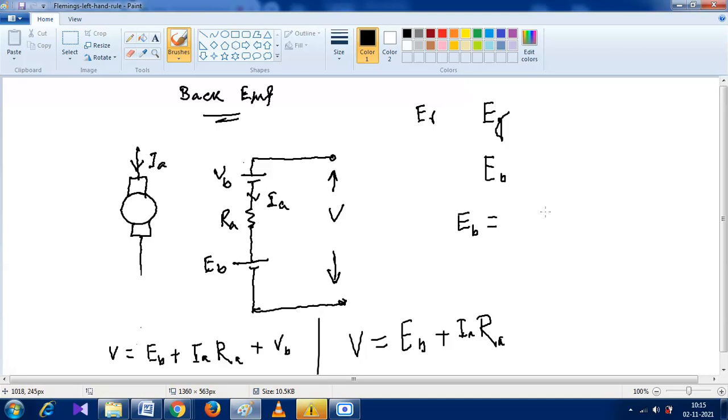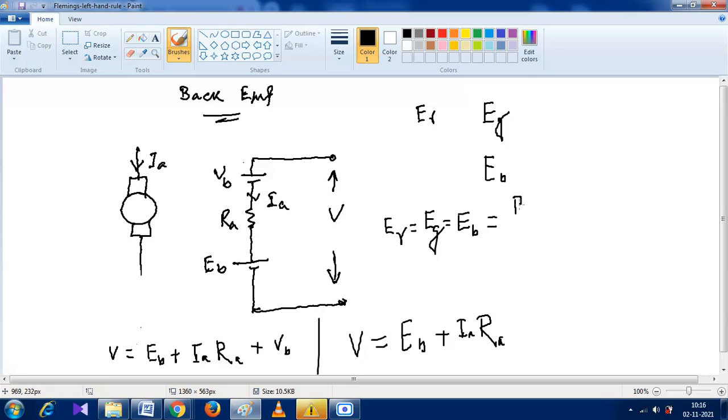Manish, it's similar to the induced voltage. ER is equal to EG is equal to EB. And what is the expression?